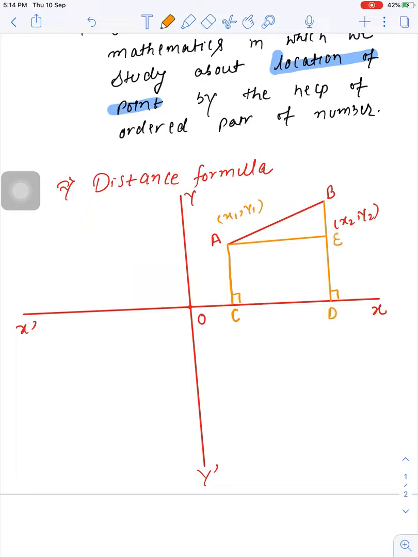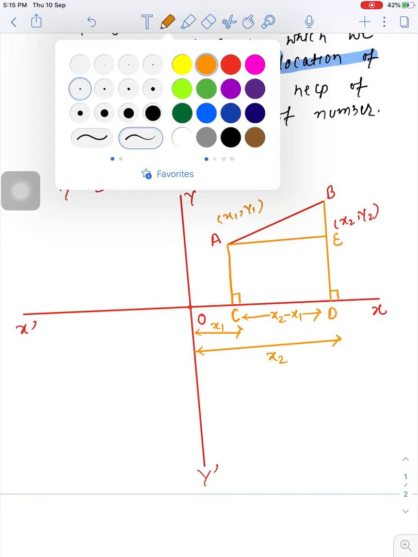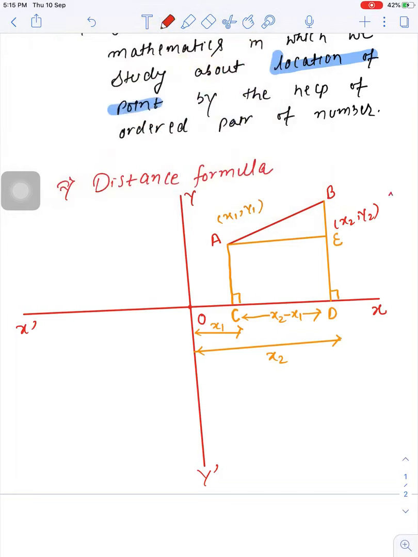Now look, if we go through the measurement part, what will we find? This is x2 and this is x1. So if we calculate CD, what do I get? x2 minus x1. I think there will be no problem because it is clearly visible. Now this is our y2.